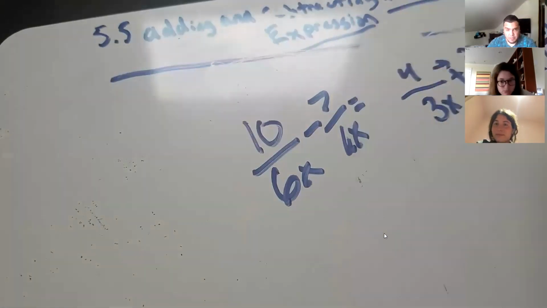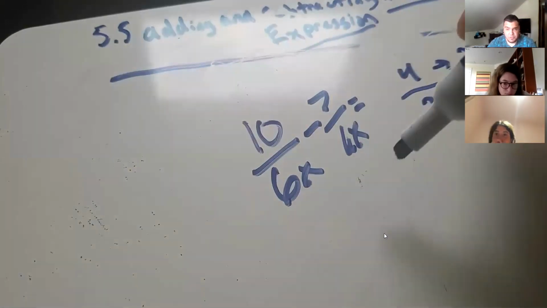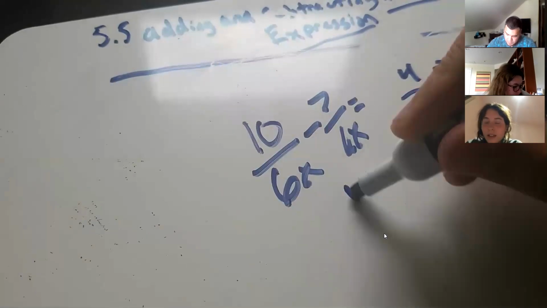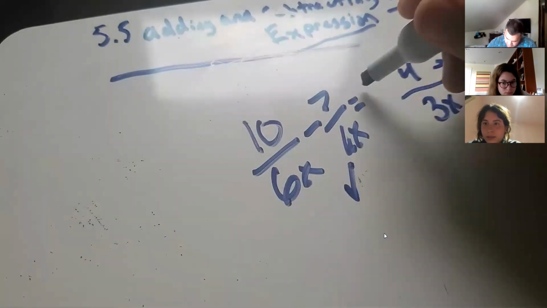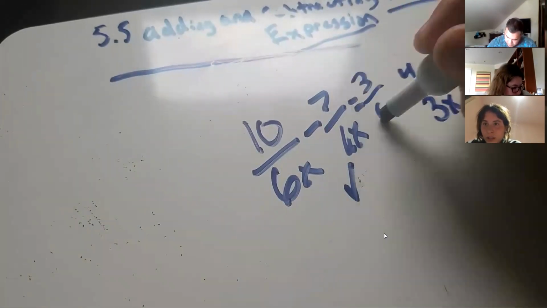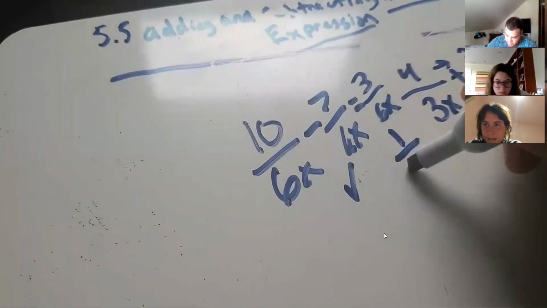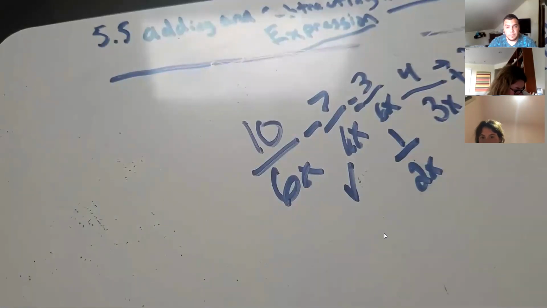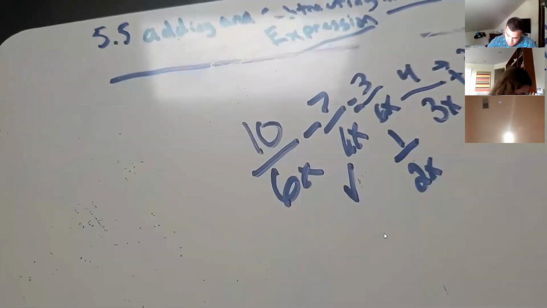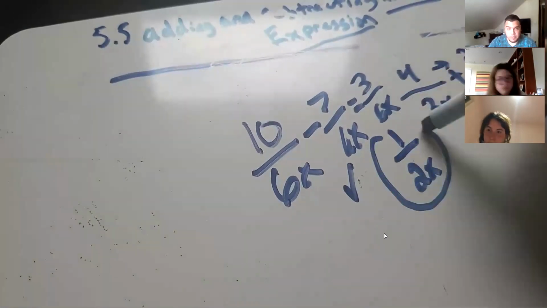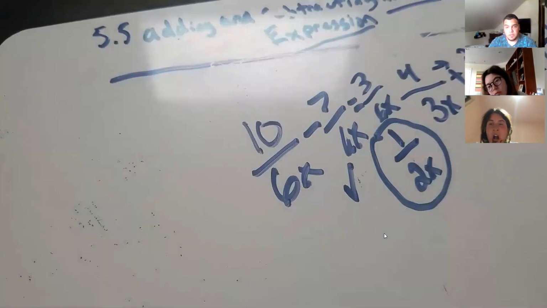The bottoms match, so we're good. Then we can subtract the tops: 3 over 6x. I could simplify that to 1 over 2x. So this is your answer here. I did that a little quickly, but it's just subtraction, showing that it works the same as addition.